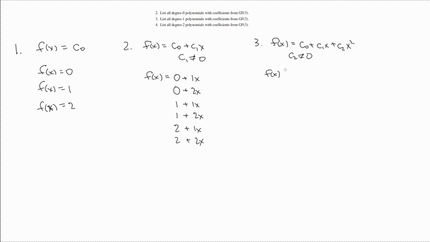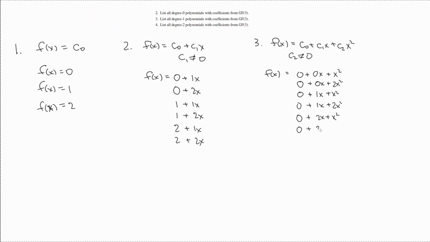So we can have f of x equals 0 plus 0x plus x squared, or 0 plus 0x plus 2x squared, 0 plus 1x plus x squared, 0 plus 1x plus 2x squared, 0 plus 2x plus x squared, 0 plus 2x plus 2x squared.